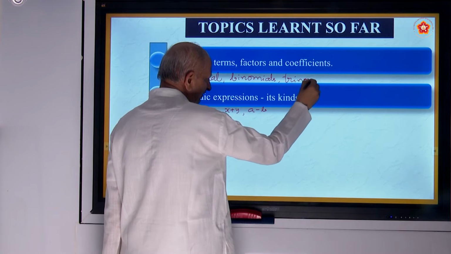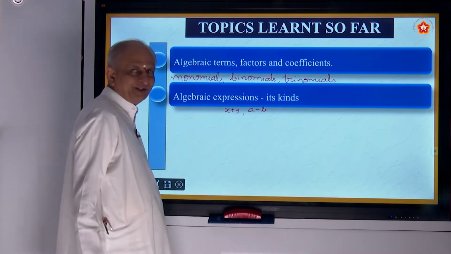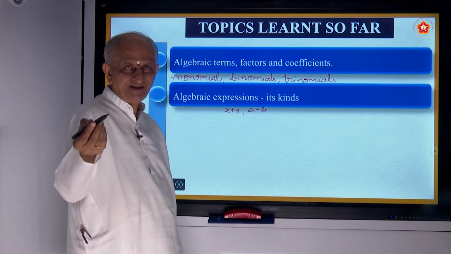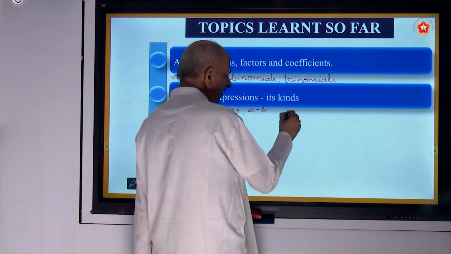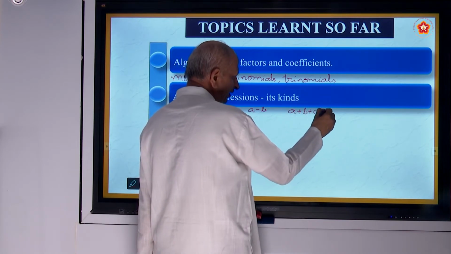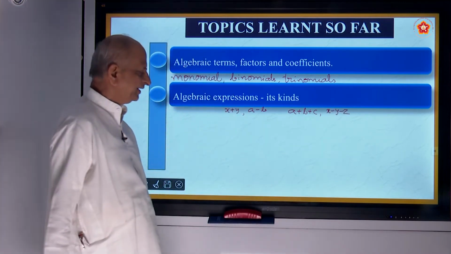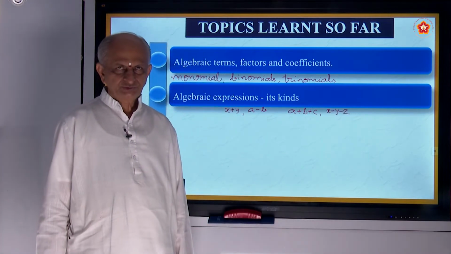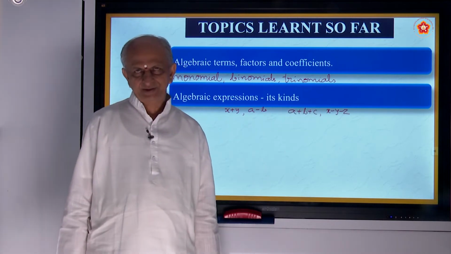Then you have trinomials. Trinomials are the expressions having 3 terms. Can I give you an example? Yes. What is that? a plus b plus c or x minus y minus z, etc. So there should be an operation, either plus or minus.